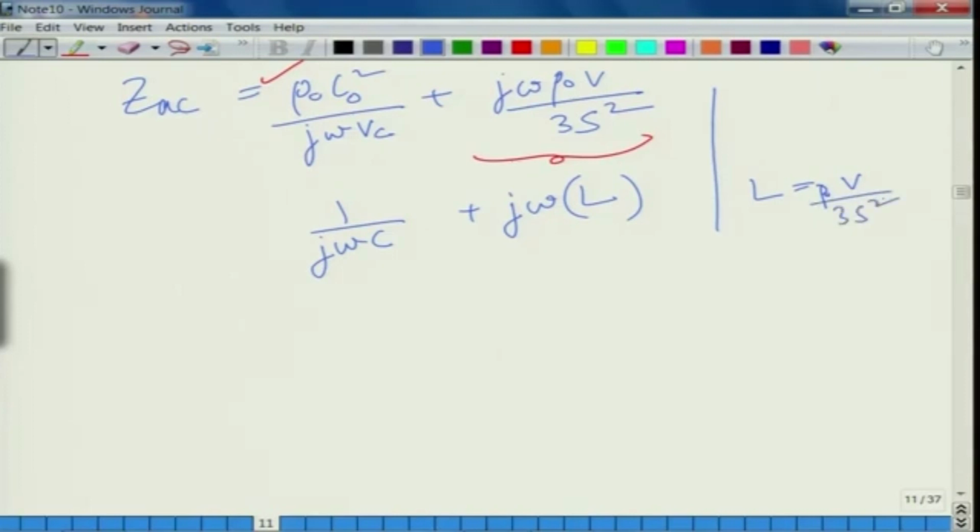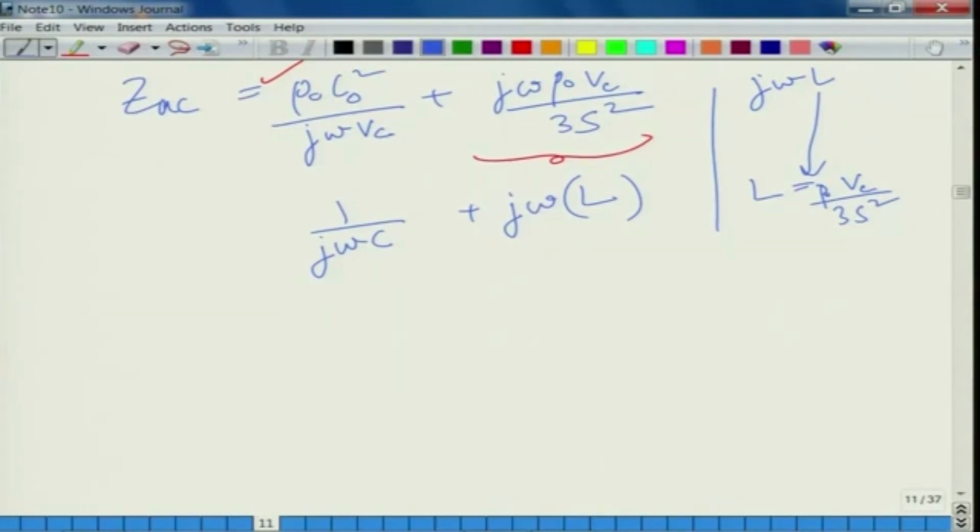So, you remember j omega L. L has this form: rho naught times V c by 3 S square, where S is the cross sectional area. It will satisfy the dimensionality.